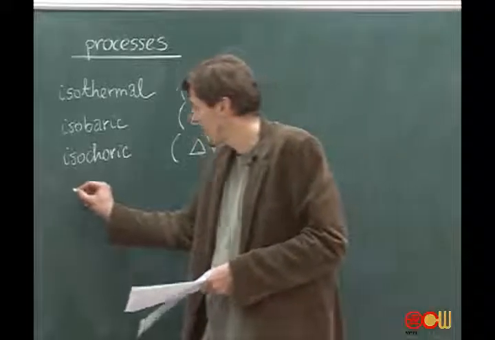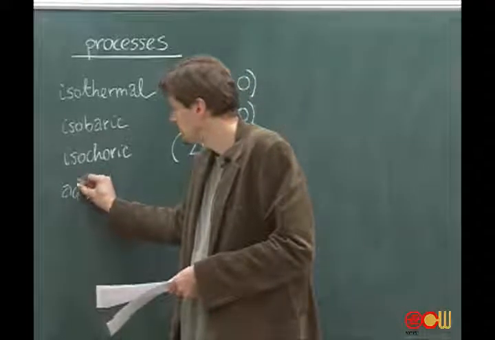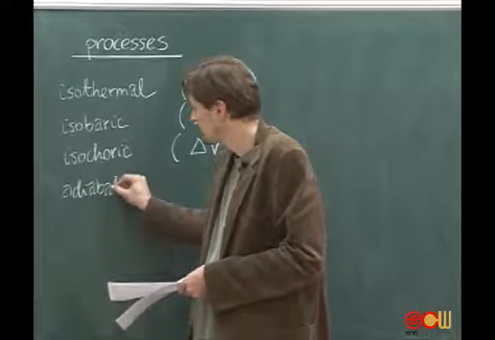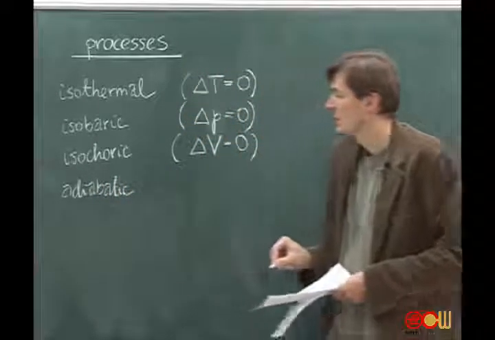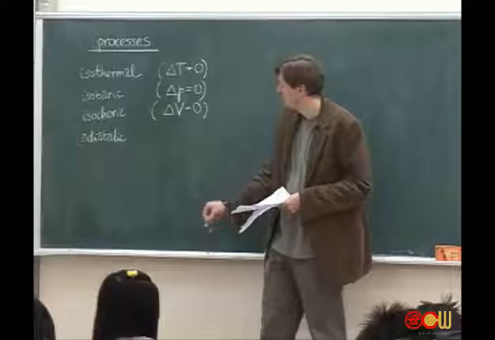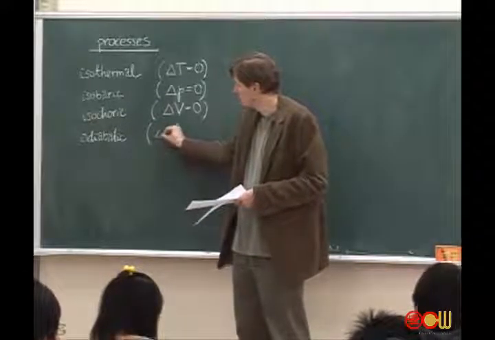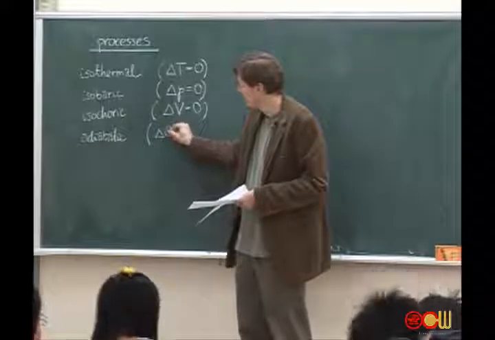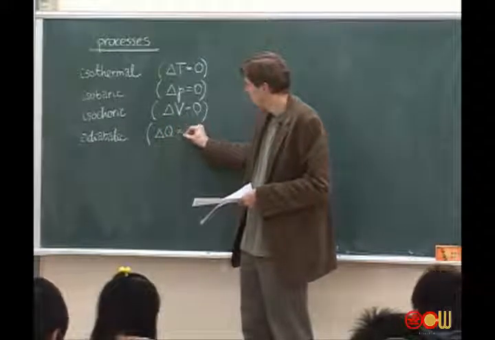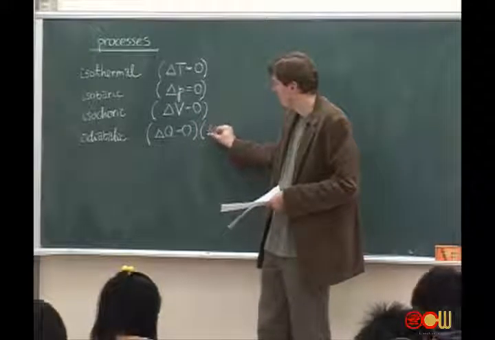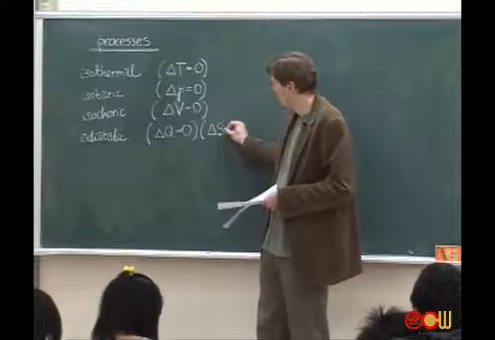Next one is the adiabatic. Adiabatic can be defined in two different ways. One of them is that there is no heat exchange. This can also be said in another way, no entropy change.